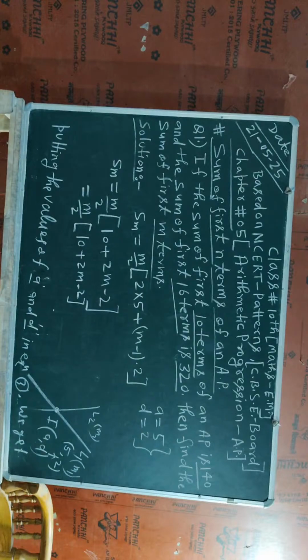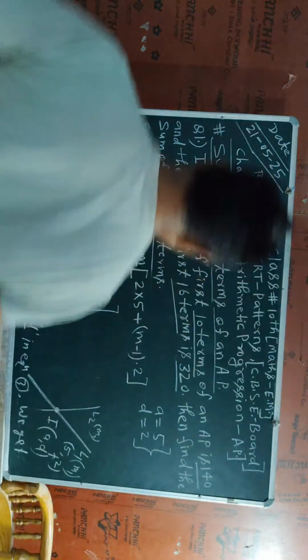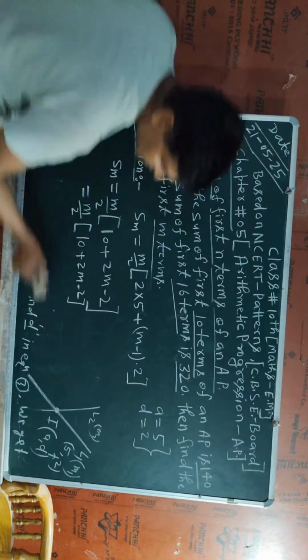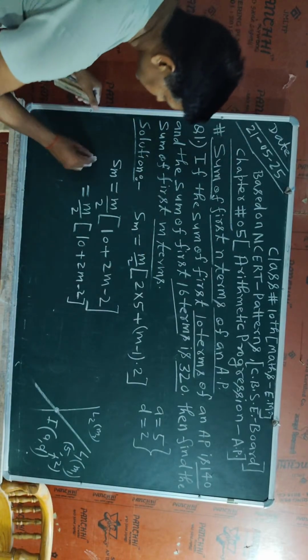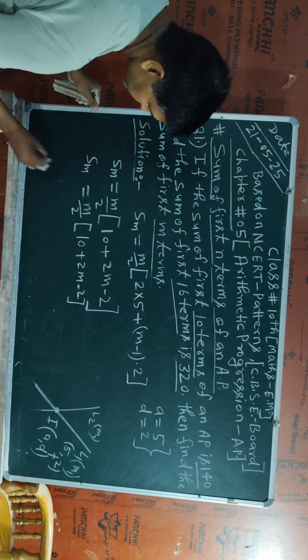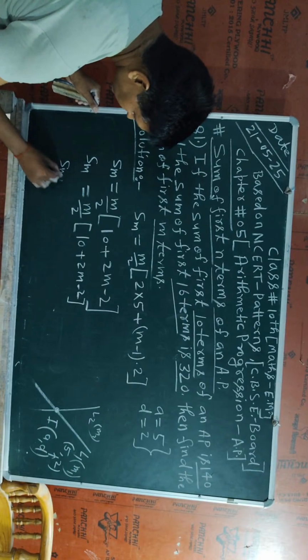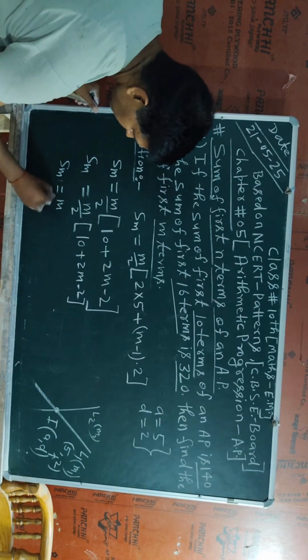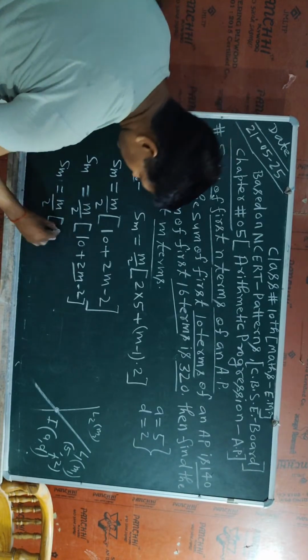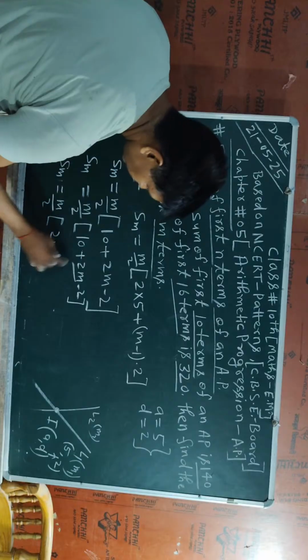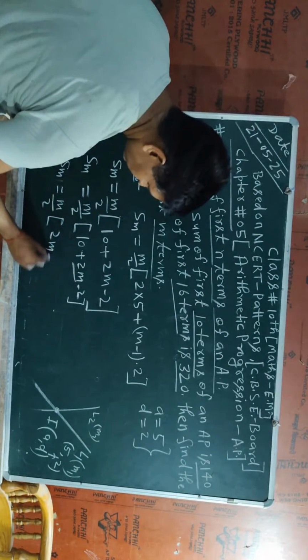After simplifying, I will write the final solution, which will be the answer. On the left hand side Sm is available, so I have to put Sm is equal to m divided by 2. Now here I write 2m, and then 10 minus 2, that will be 8.